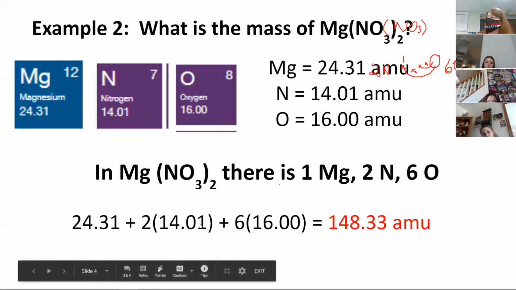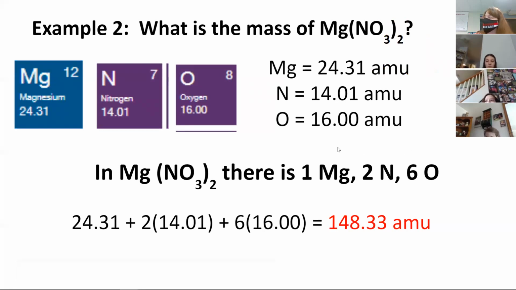So we're going to take 2 times the mass of nitrogen, and then 6 times the mass of oxygen to get your final mass. Okay, does anyone have any questions on the basics of finding mass? Like, does anyone have any questions about how I got these numbers?